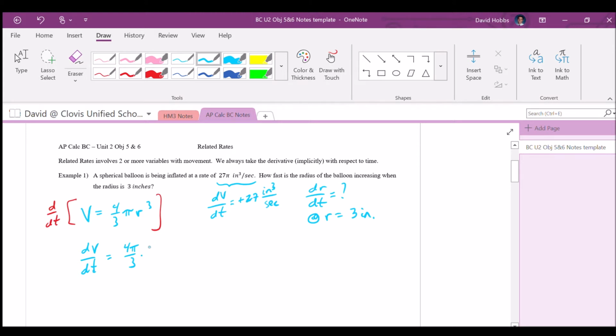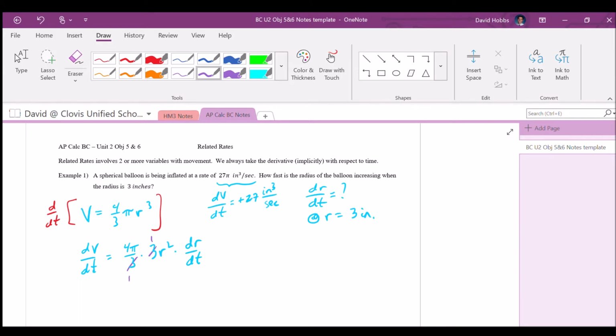The derivative of r cubed is 3r squared times the derivative of the guts with respect to time, dr dt. And obviously, we try to clean things up if we can. So I noticed the 3's reduce.